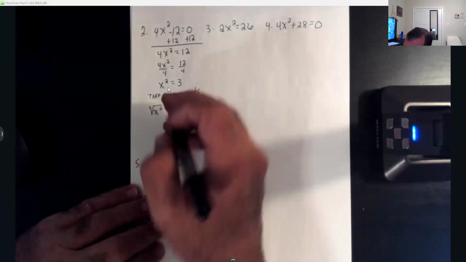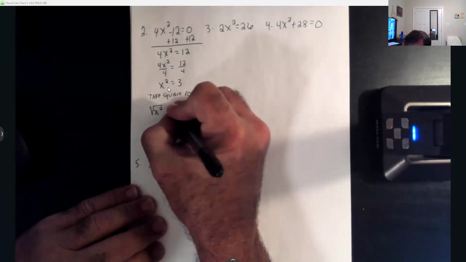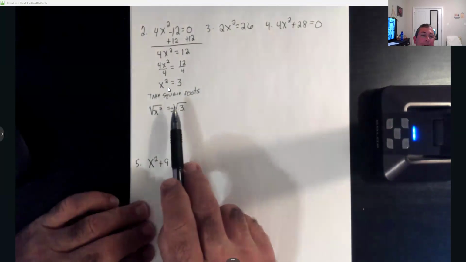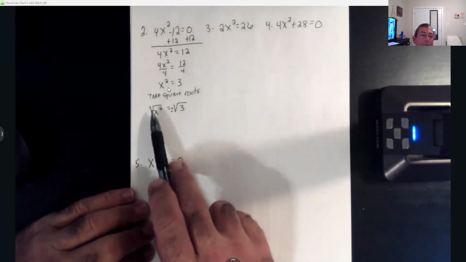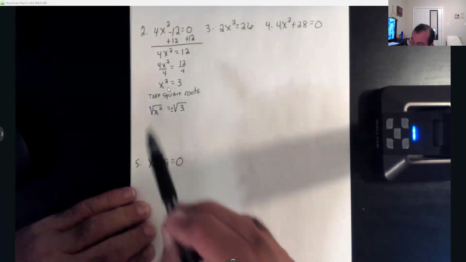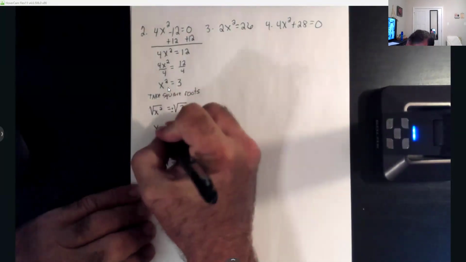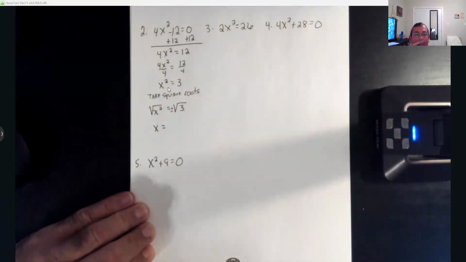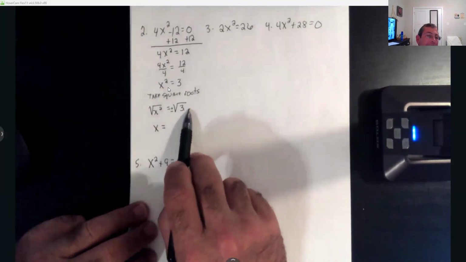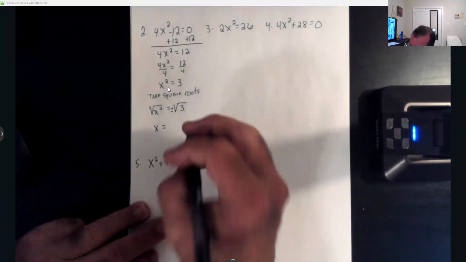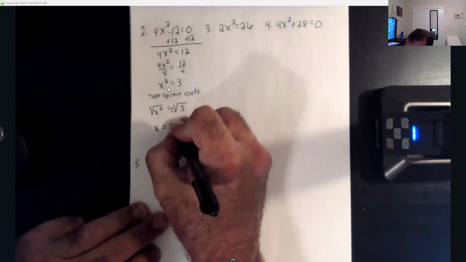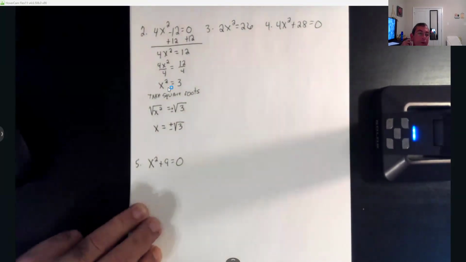When you do a square root of a number, you got to put a plus or minus in front of it. Okay? So y'all, the square root of the x squared, that square root cancels with that exponent, leaving an x. Now, we can't take the square root of 3 because that'll give us a never-ending decimal. So my final answer will be a plus or minus square root of 3.